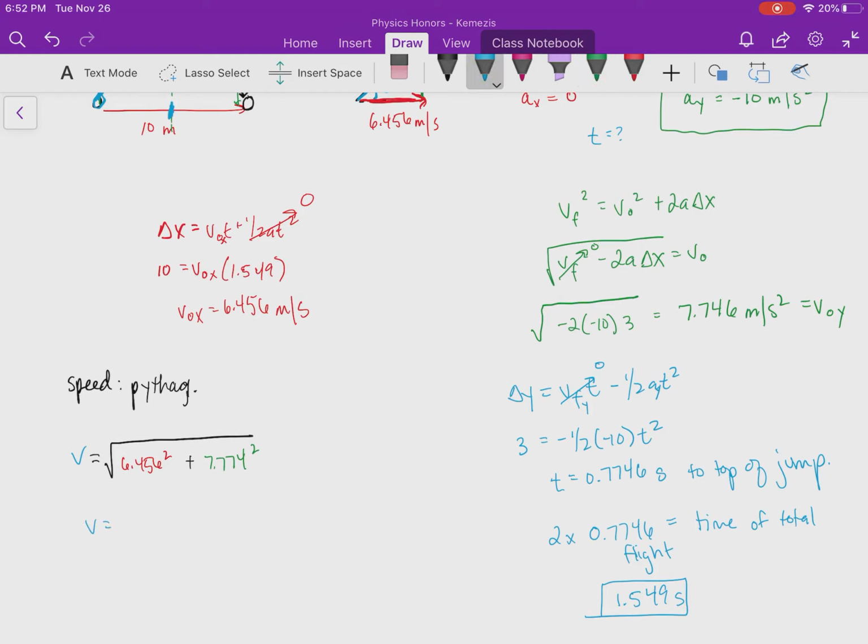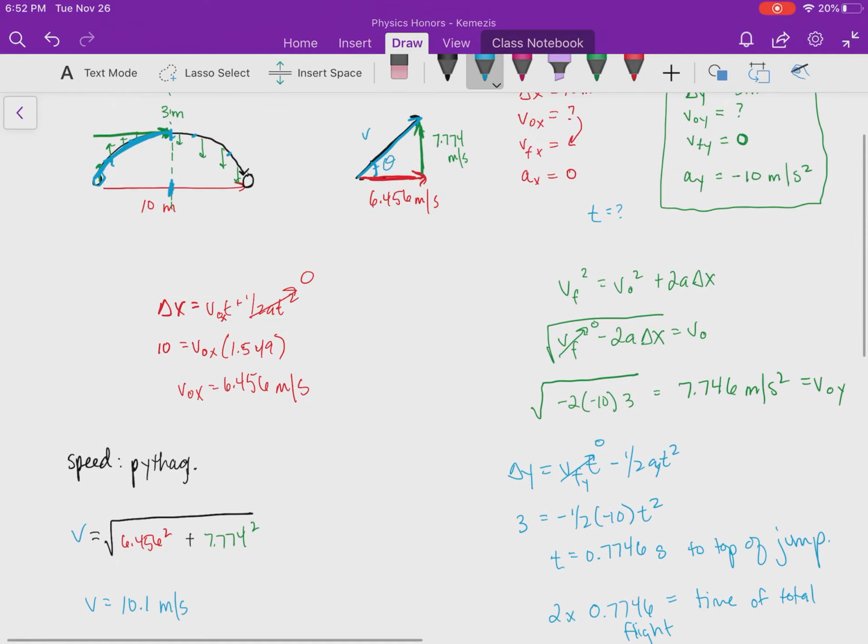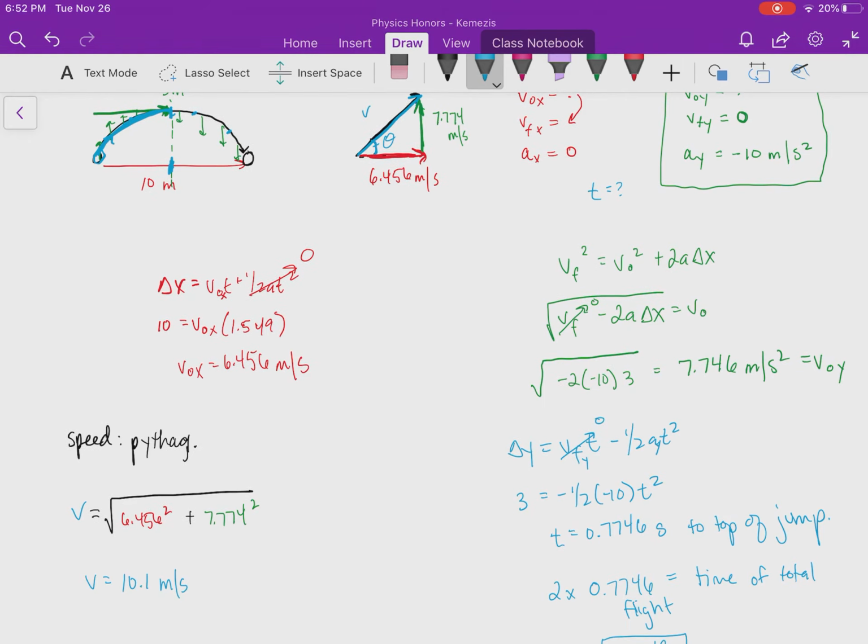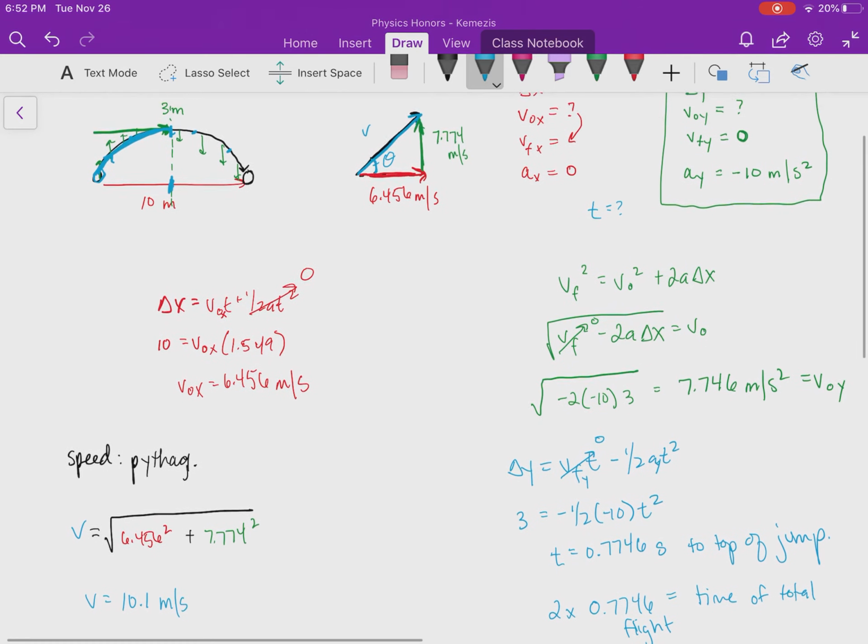And what we get when we do that, our speed, I get 10.1 meters per second. So this lion is launching with its velocity of 10.1 up and to the right for us. And so we plug that in.